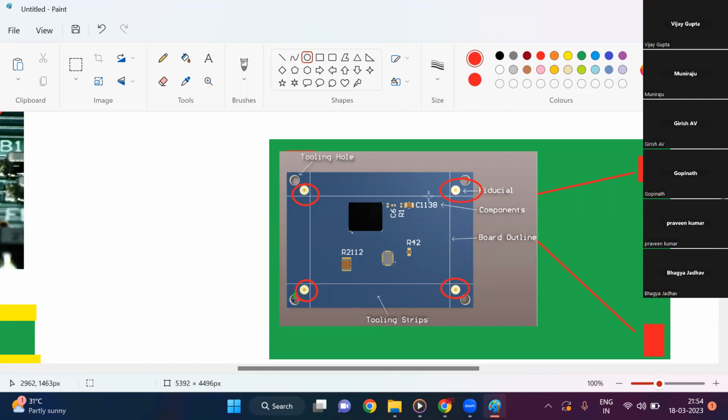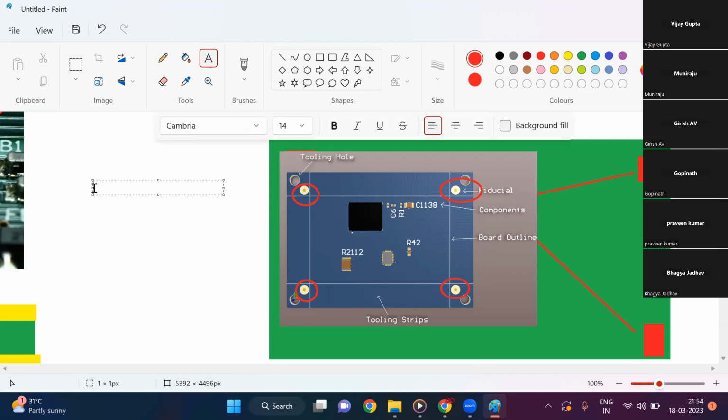Okay. Now, types of fiducials. First coming in the picture is global fiducial. Second one is local fiducial.